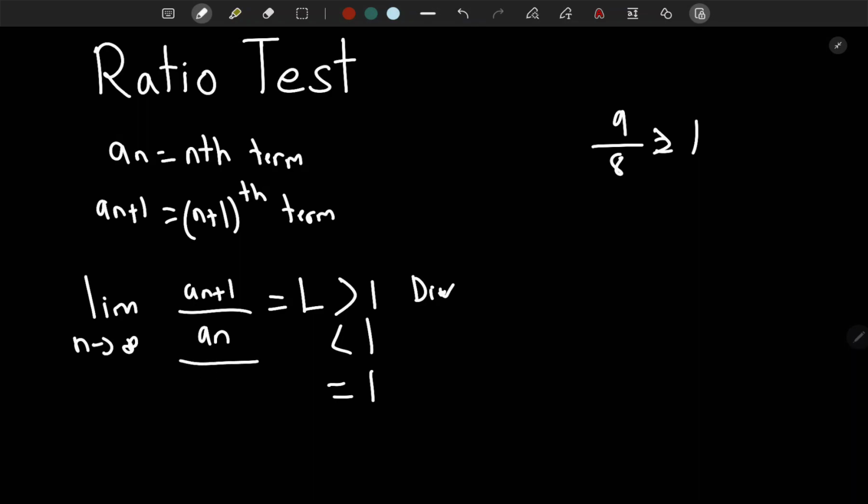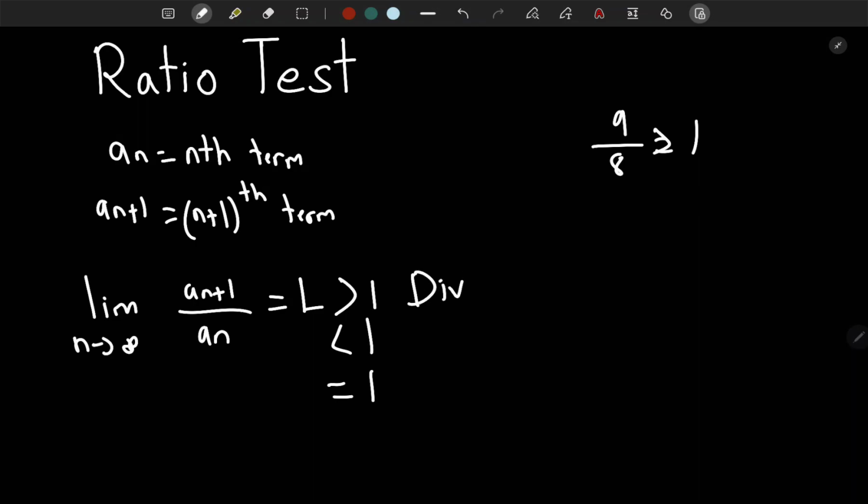We have a n, which is the previous term before this term. So if it is more than 1, this means that we're adding, let's say, 9 plus 10 plus 11 until infinity, because n approaches infinity. That is why if the answer that you get is more than 1, it means that it is diverging.